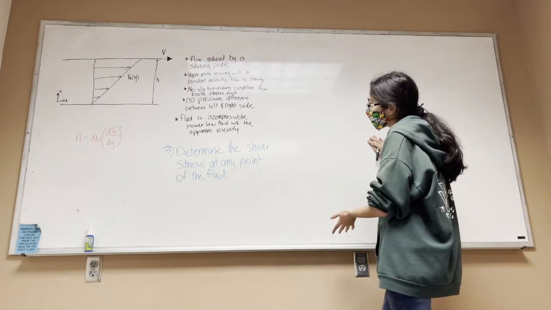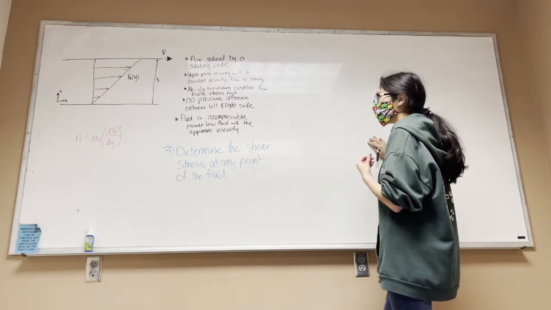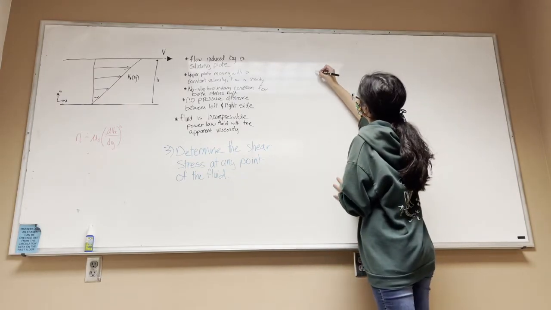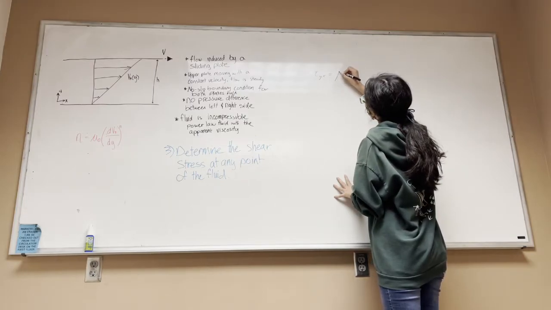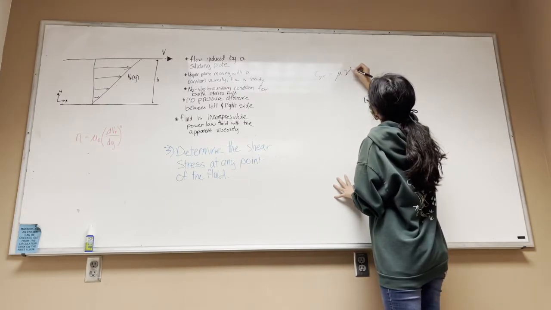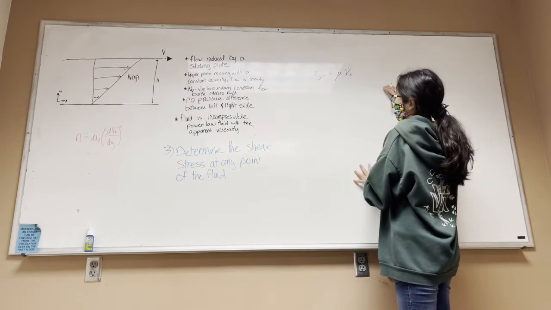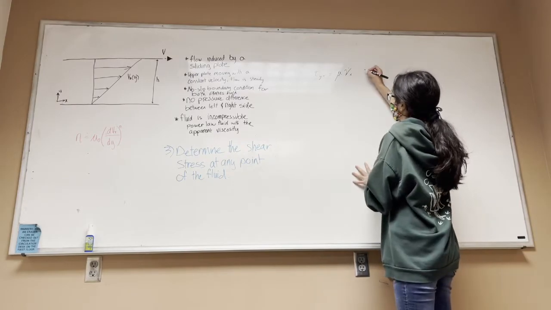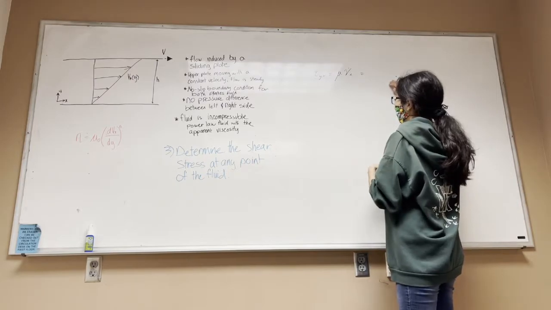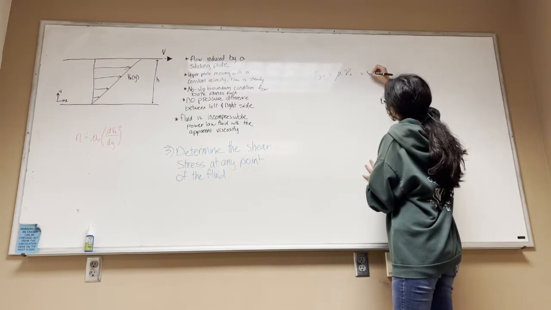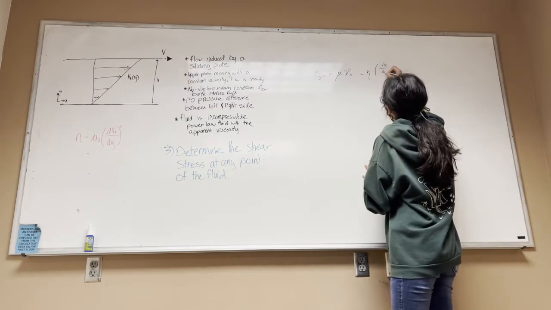So we want to determine the shear stress at any point of the fluid, and to do that we need to use Newton's law of viscosity, which is shear stress equal to viscosity times the shear rate. We were given an apparent viscosity, so you can substitute that in, and we know that the shear rate is dvx over dy.